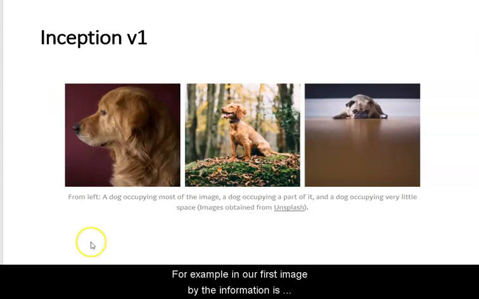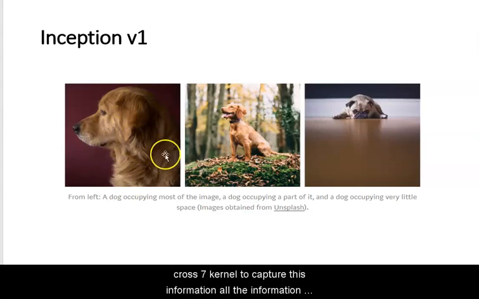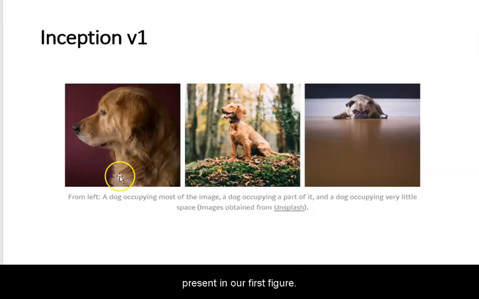In our first image, you have the information of the dog almost fully covering the entire image. So for such images, we would prefer a kernel of larger size, probably a 5x5 kernel or a 7x7 kernel, to capture all the information present in our first figure.